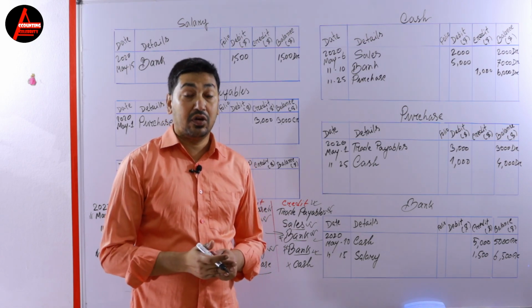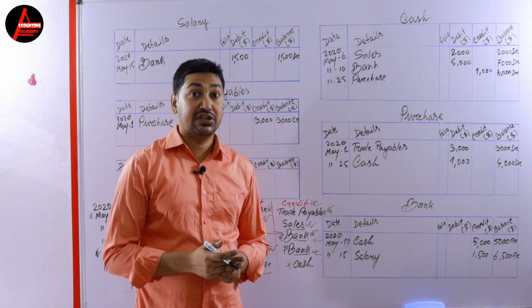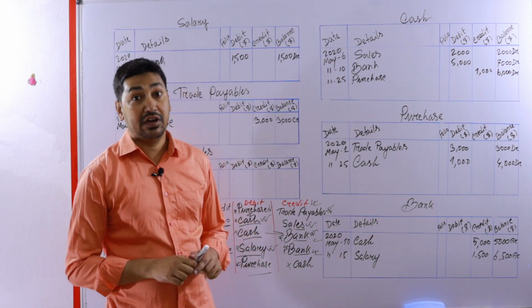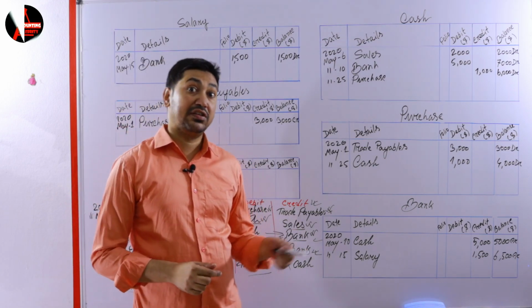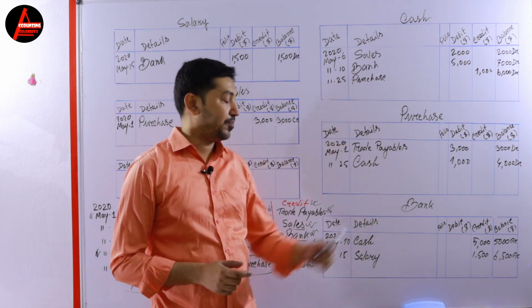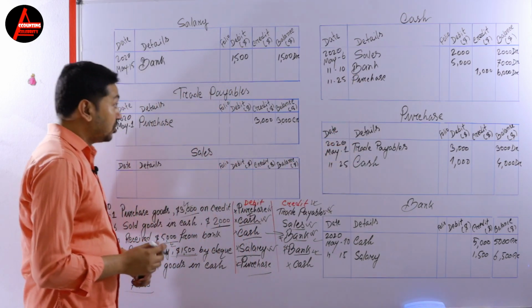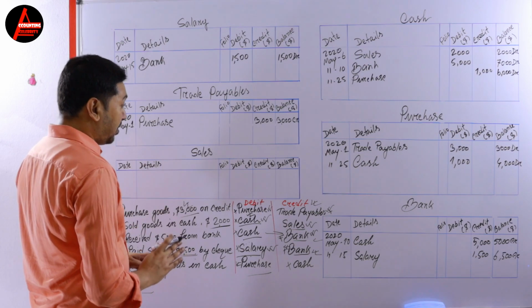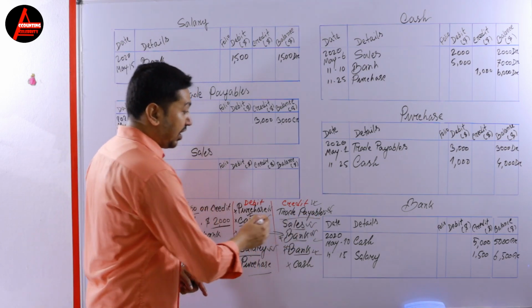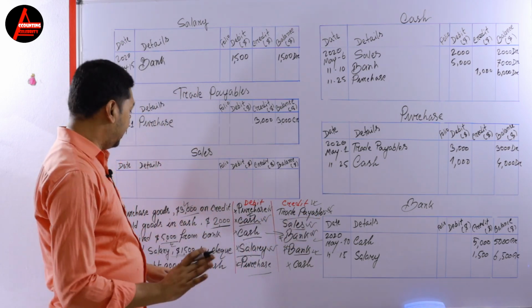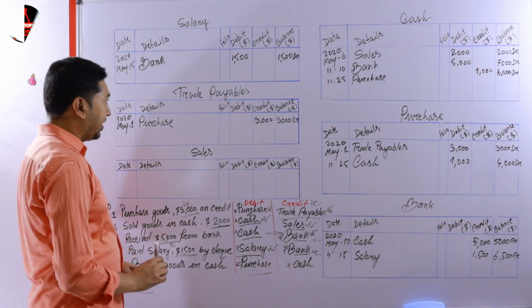By the way, if you are confused about double entries, I have a video on it, so you can watch it. The link is here. So trade payable is over because we had only one trade payable entry here. So it's finished.